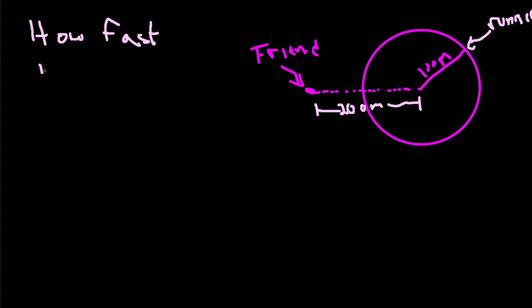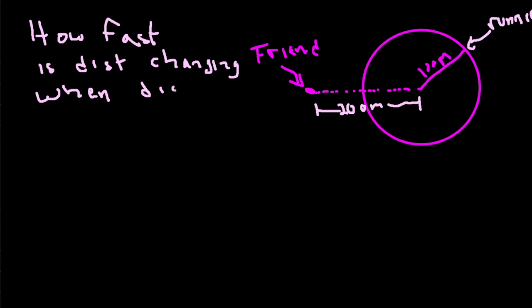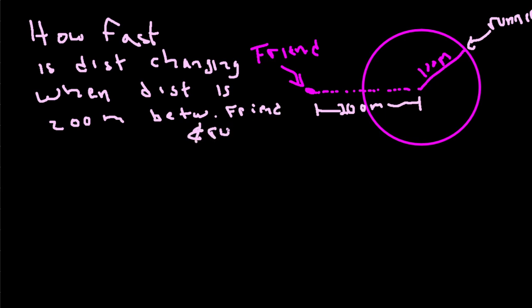So how fast is distance changing when distance is 200 meters between friend and runner? Pretty simple, right? Very straightforward setup of a problem.